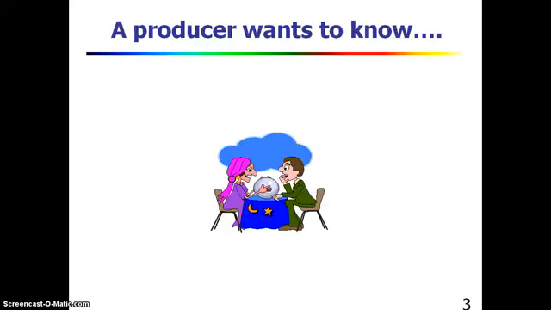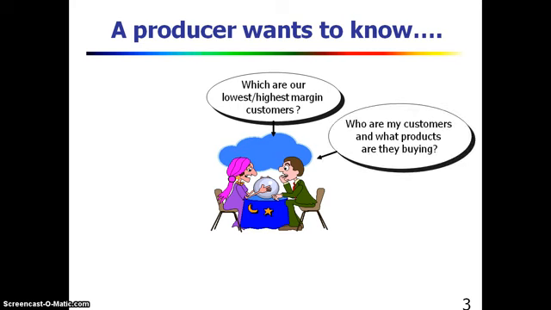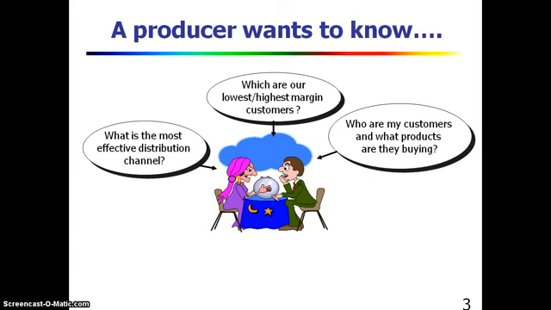So let's start with one example. Let's consider a producer who wants to know the answers to various questions before starting to produce a particular product. Which are my lowest and highest margin customers? Who are my customers and what products are they buying?